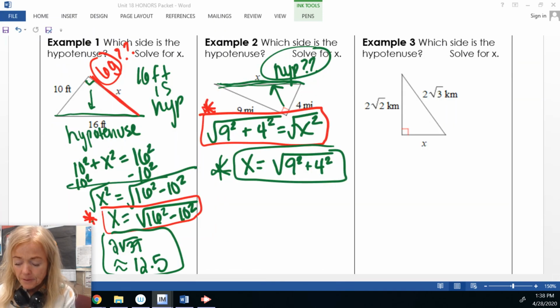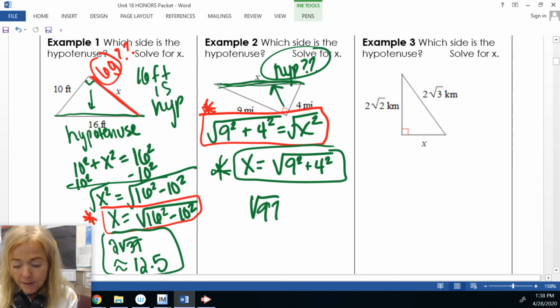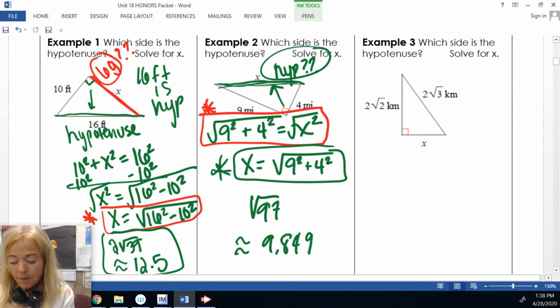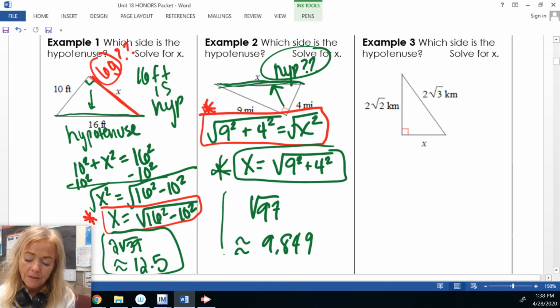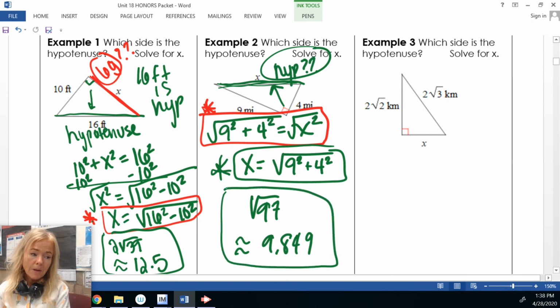Okay, so radical 97, or approximately 9.849. Now I'm going to round to 3 decimal places, and I just thought of that because a lot of you, I hope, will move into calculus one day, and in calculus on the test, you have to round to the thousandths place, 3 decimal places, so might as well get used to it now.